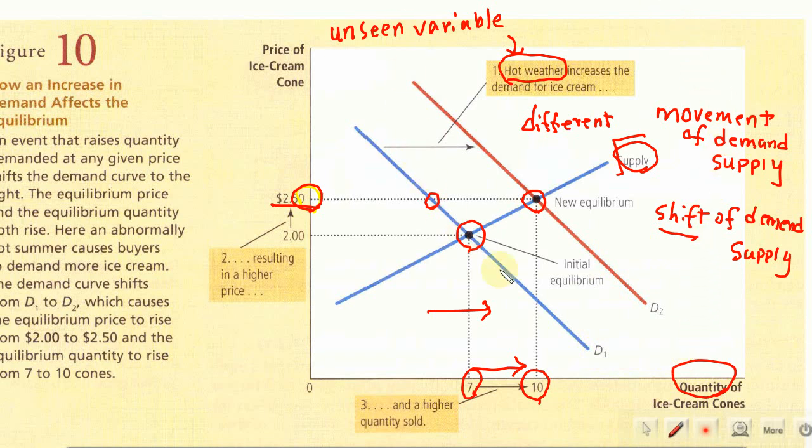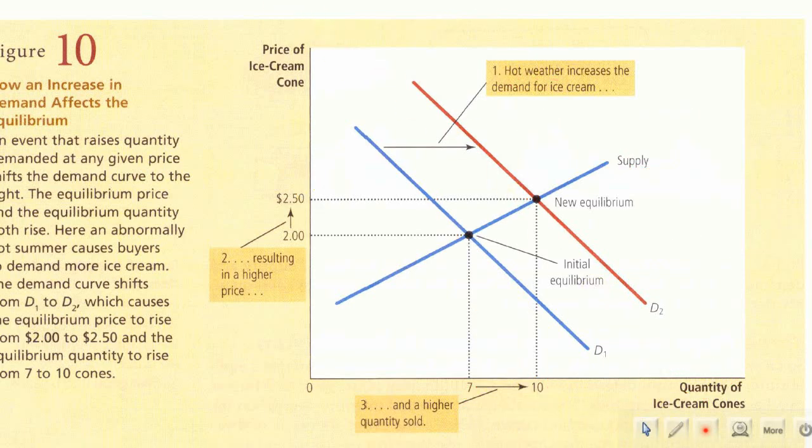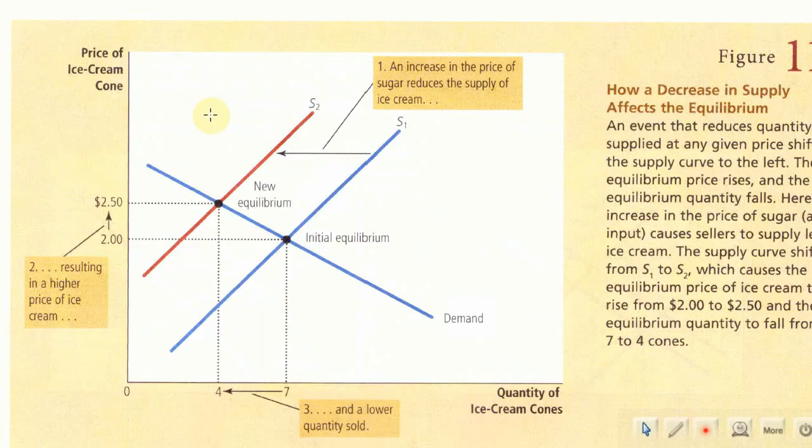The supply shift. We have the supply shift here. This is the supply line, here and here.